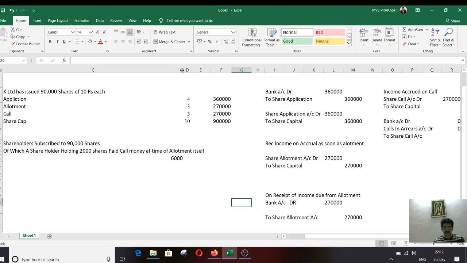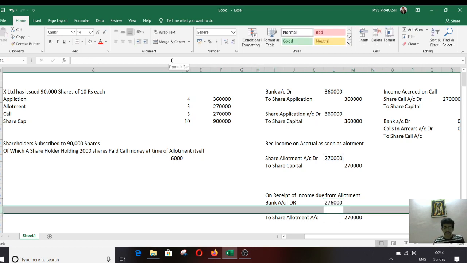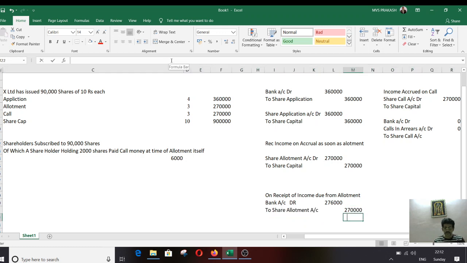So I am supposed to receive this, but I am receiving 6,000 extra. So the total amount received is 2,76,000. Now what is this 6,000? This 6,000 is calls in advance. This is my liability, because in the future I am liable to adjust this against the call. That is the reason we are creating a liability here. So we are creating calls in advance, which is one additional entry I need to pass.